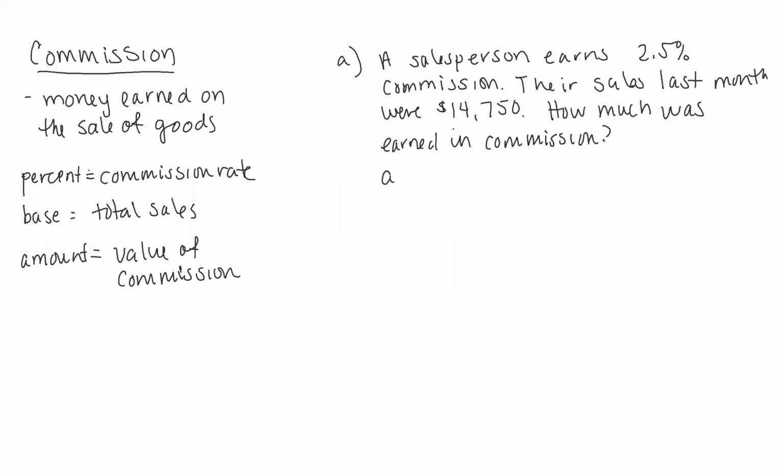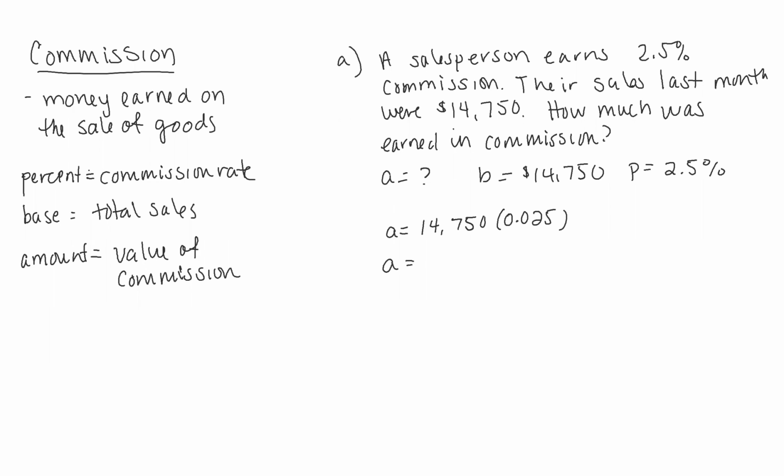Well, the amount here is what we're looking for. We don't know the value of the commission. The base, we do know. That's the total sales, or 14,750. And the percent we know, it's the commission rate. So this salesperson is going to earn 2.5% on everything they sell. So we're going to use the percent equation. The amount equals the base times the percent. Just remember, your percent has to be written in decimal form.